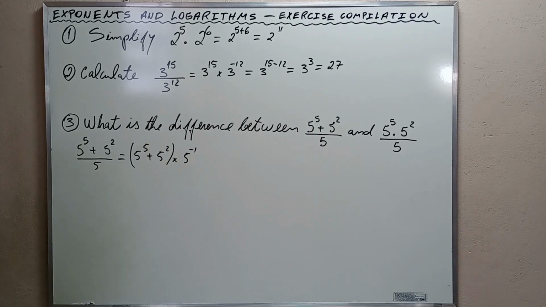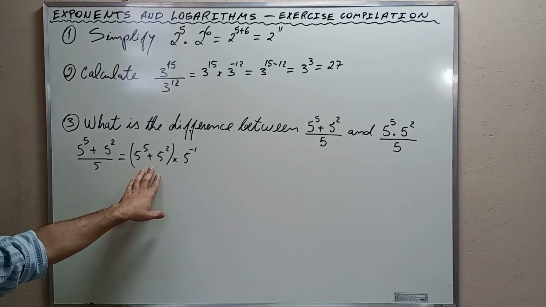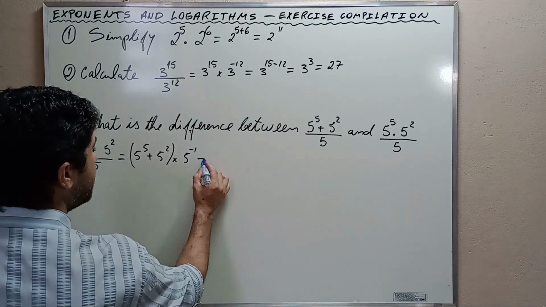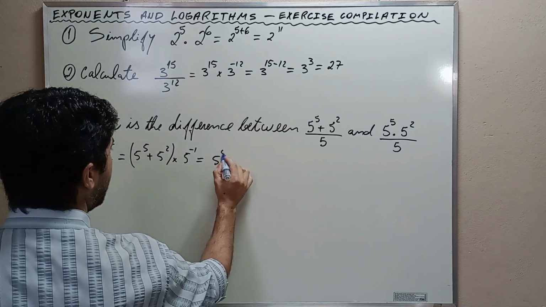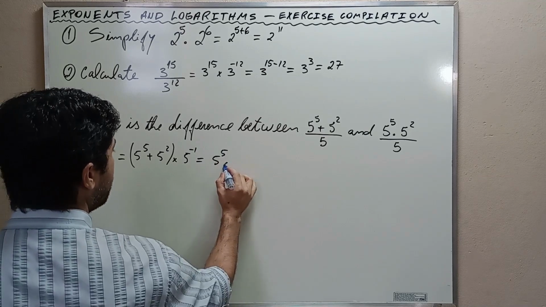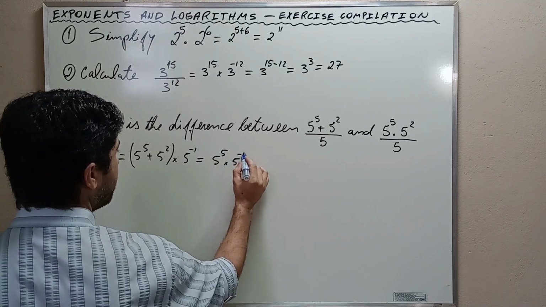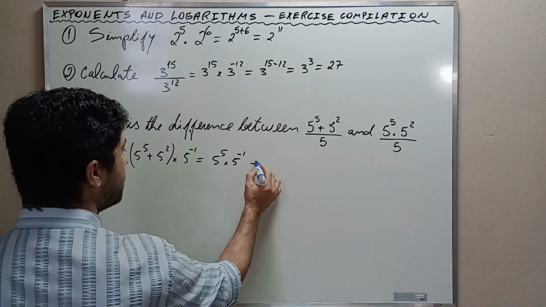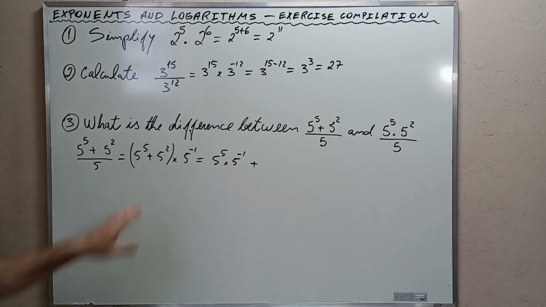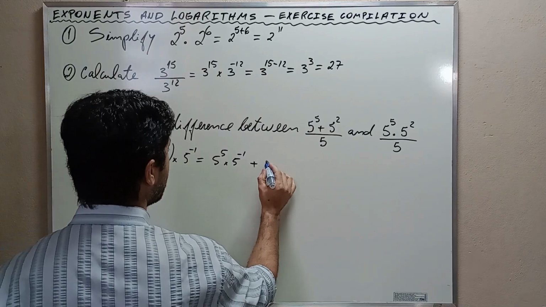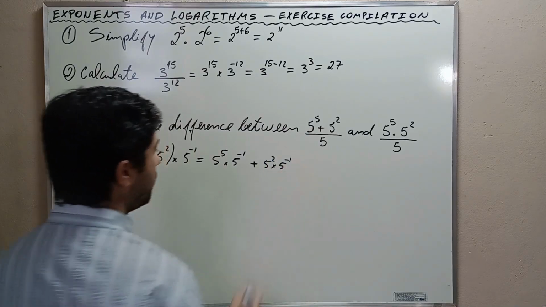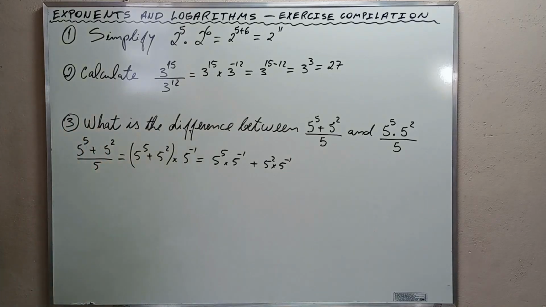Okay? And now we apply the distributive rule here, and the next step becomes 5 to the 5th times 5 raised to the power of negative 1, plus, the distributive rule applies to the addition, 5 squared times 5 to the negative 1.